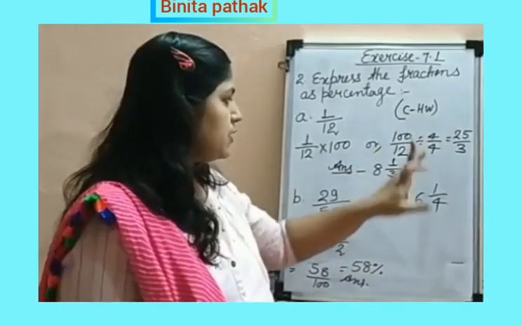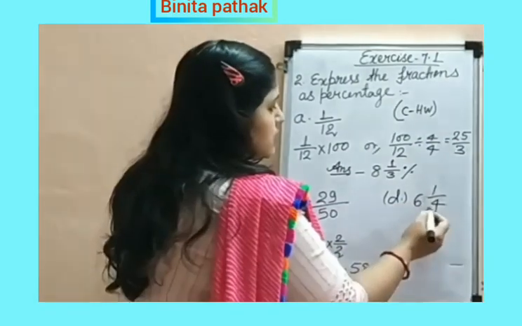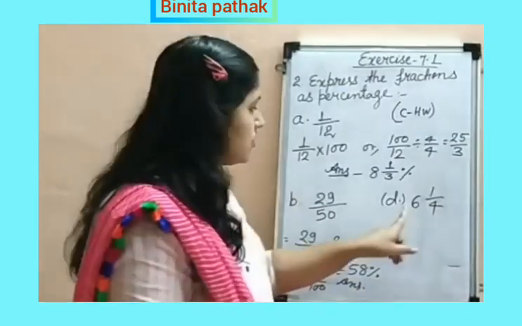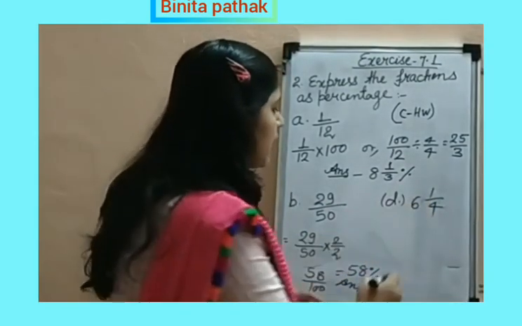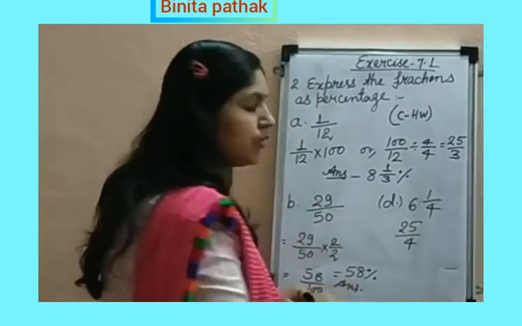That is very easy. Now I am going to give you question number D. This one is given as a mixed fraction. We will convert it into improper fraction. 6 4s are 24 and 1, that is 25 upon 4.